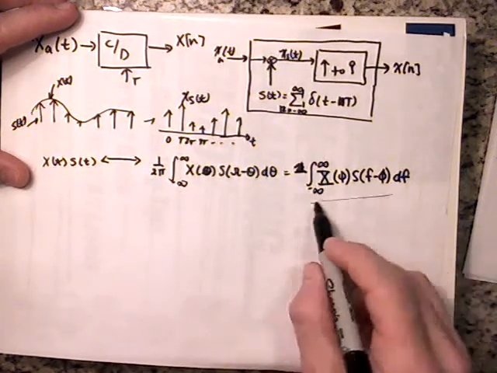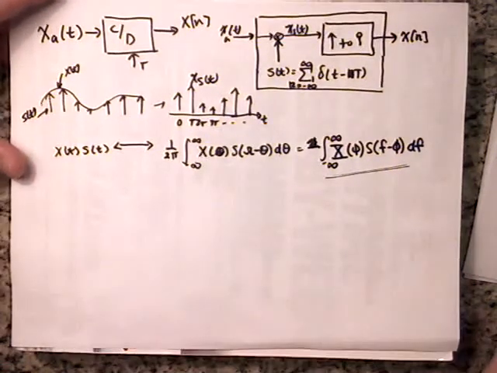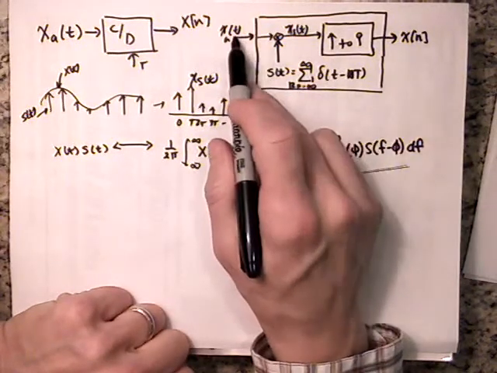So in hertz, it's just convolution. In radians, it's 1 over 2 pi times convolution. So I have 1 over 2 pi times the convolution of the Fourier transform of this impulse train with the Fourier transform of x.